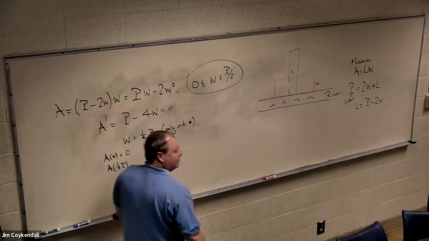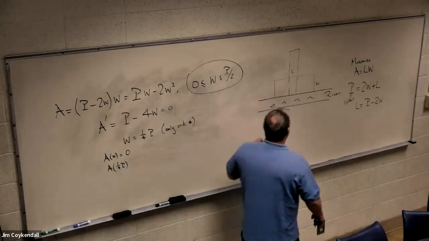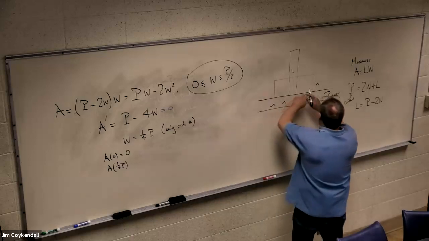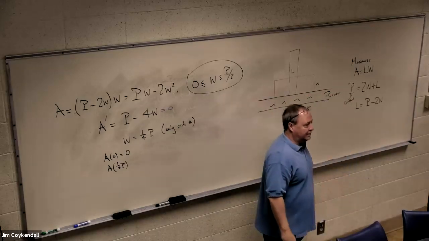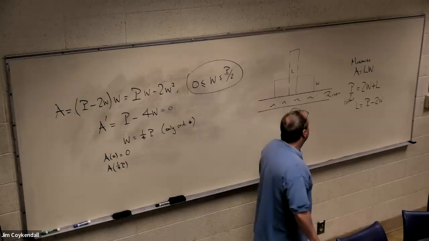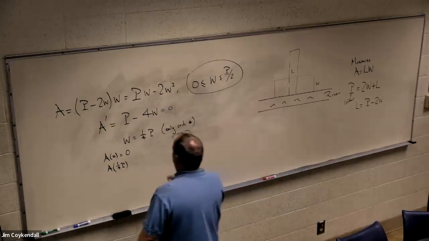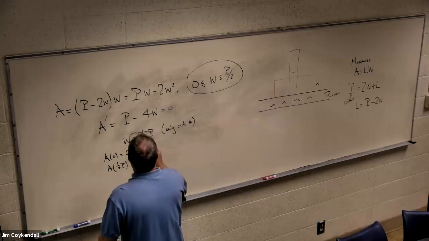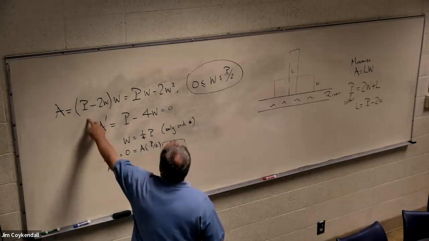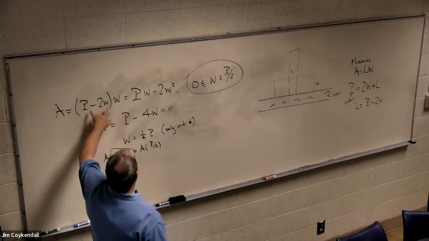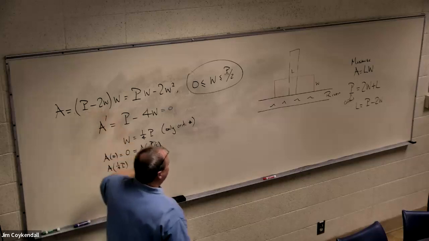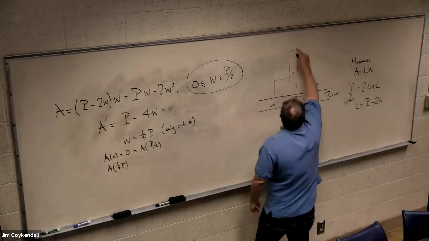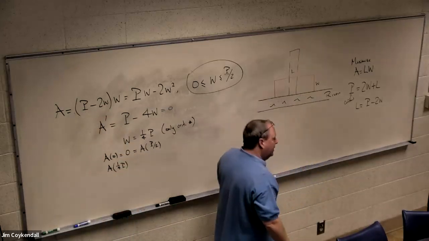And of course, this makes sense because when W is 0, we stretch it all along the river, and you get no area out. What happens when you put in P over 2? You get the same thing, because when you plug in P over 2, this factor is going to be P minus P. That's when we went halfway up, halfway down, and you get no area out of that either.